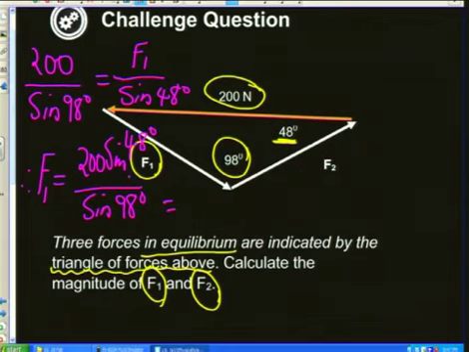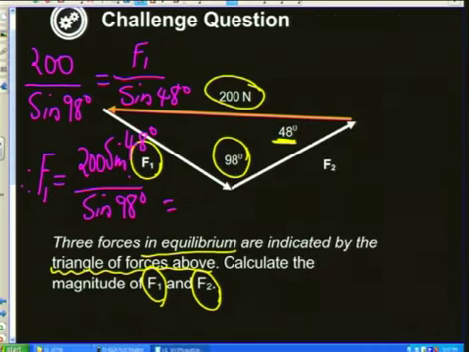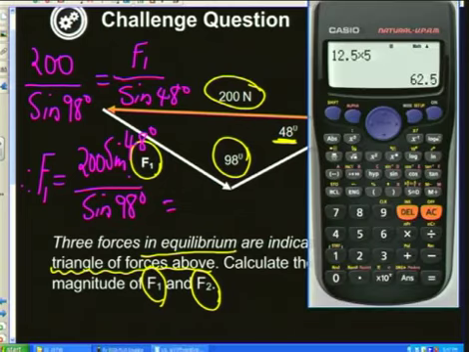Where is my calculator? I can actually get that quite easily using my calculator. F1 is 200 sine 48, close the bracket, then divided by sine 98, close bracket.